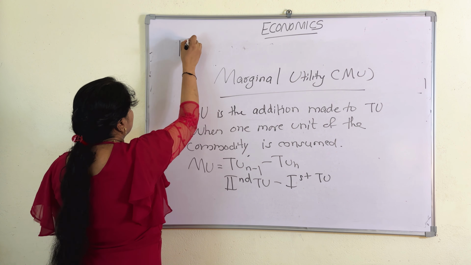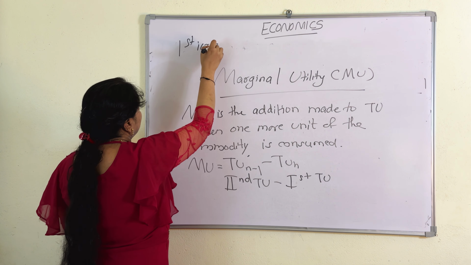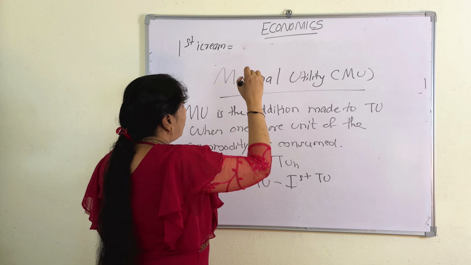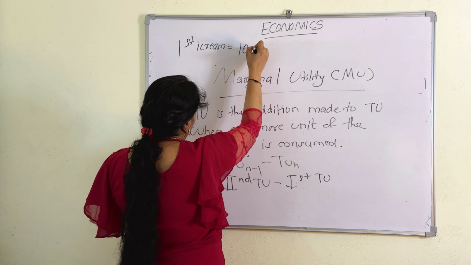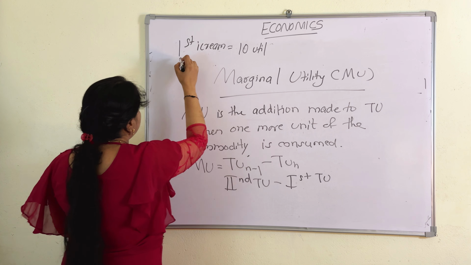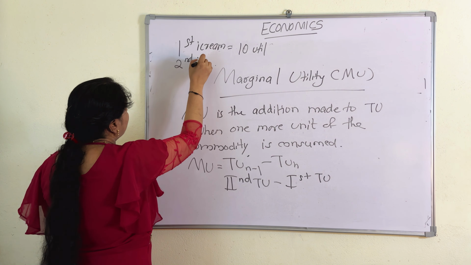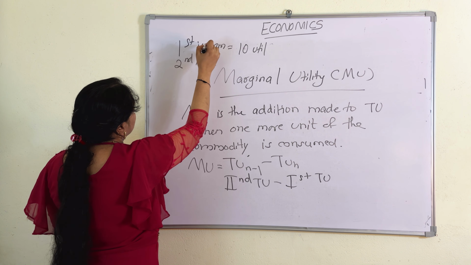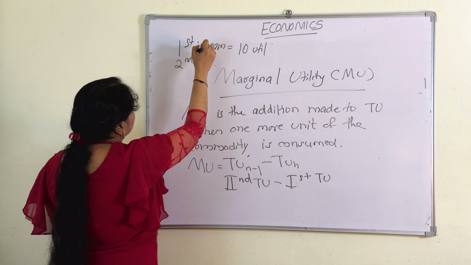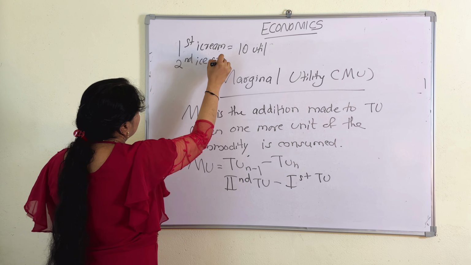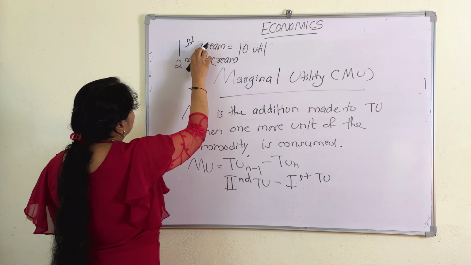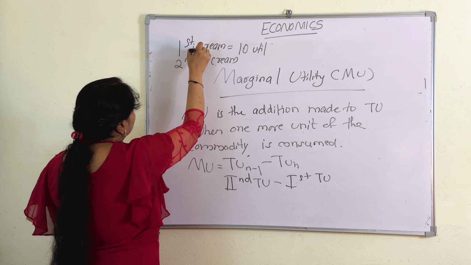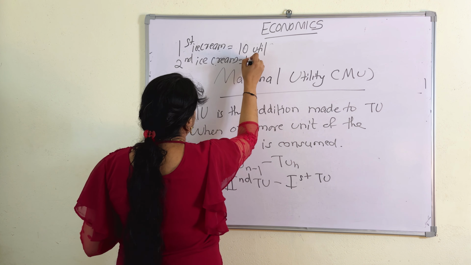That is, first ice cream, we get the satisfaction of 10 util, and second ice cream, 16 util.